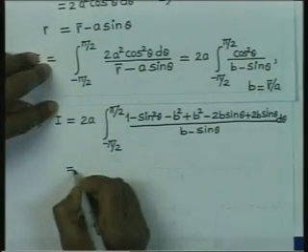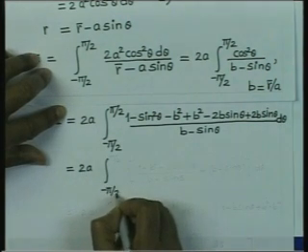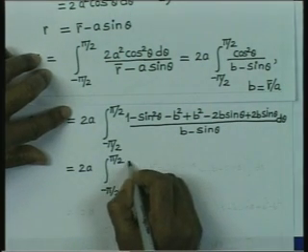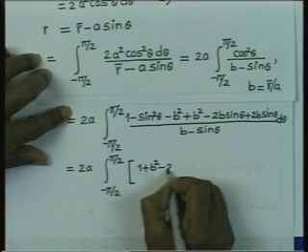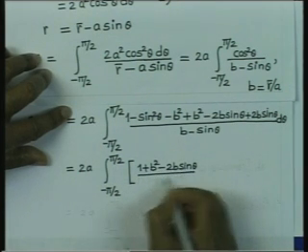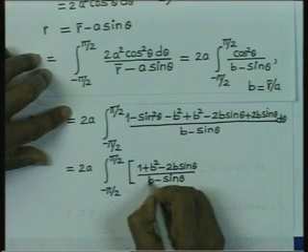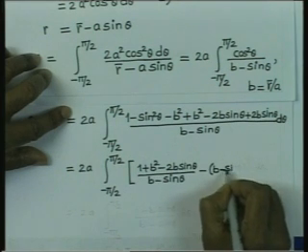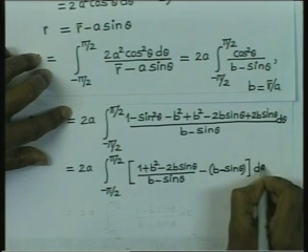This will become a, minus pi by 2 to plus pi by 2, of 1 plus b square minus twice b sin theta by b minus sin theta, minus b minus sin theta, d theta.